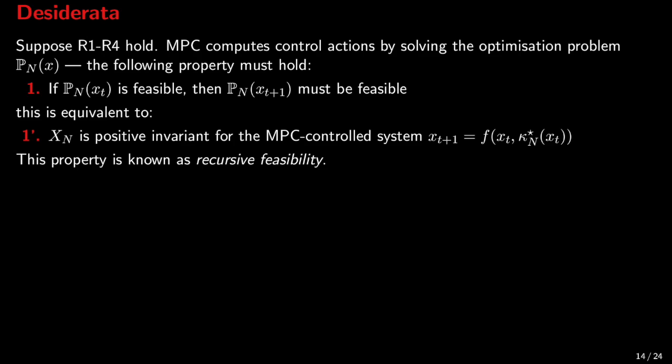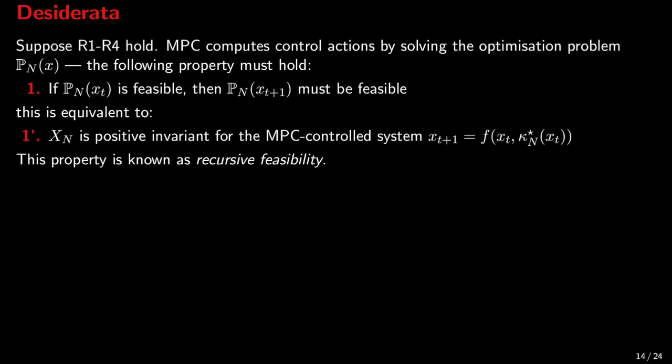Equivalently, we can say that X_N, the set of feasible states, is positive invariant for the MPC controlled system x_{t+1} is f of x_t, comma, kappa N star of x_t. This is the MPC controlled system.